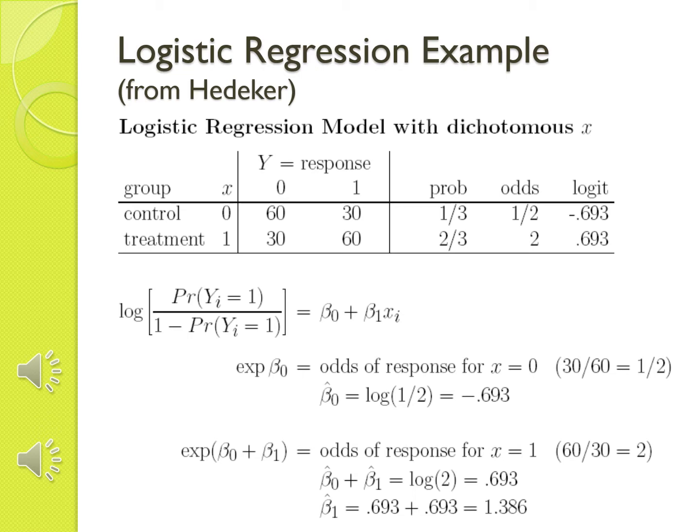And in the treatment group, it's 2 to 1, or 2. Now, the logit for these situations can be calculated, and it's negative 0.693 for the control group, and it's positive 0.693 for the intervention group. And I'll walk you through these kinds of things.